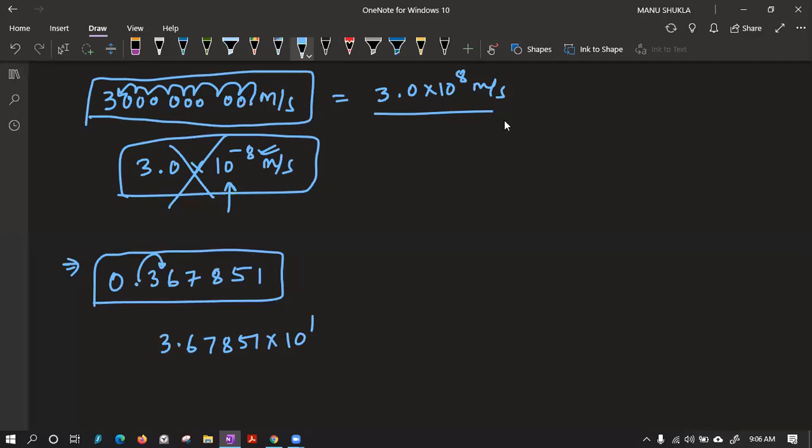Is it correct to write power 1 positive? Is it correct to write into 10 power 1? Because if I solve this, will I get the number back? Please see it and tell. Yes. So we have to take care that it is power minus 1. So you need to understand this. I hope it is clear to everyone.